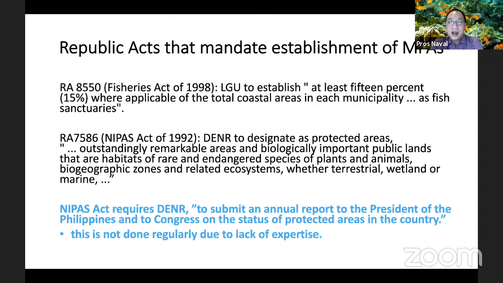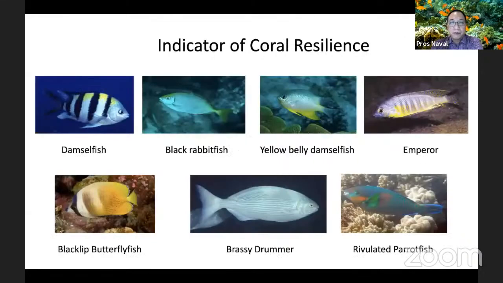The number is not enough because there are actually 1,800 marine protected areas that need to be monitored every year. So marine scientists look for species like all these nice looking fishes and many others, of course.